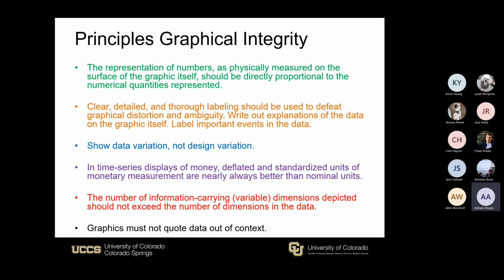You should write out explanation of the data on the graphic itself, and you should label the most important events that you got in your data. When you do that, it's as if you're putting a marker somewhere on this graph that you want people to pay attention to. So you set the values of the scene there, and that's very important.